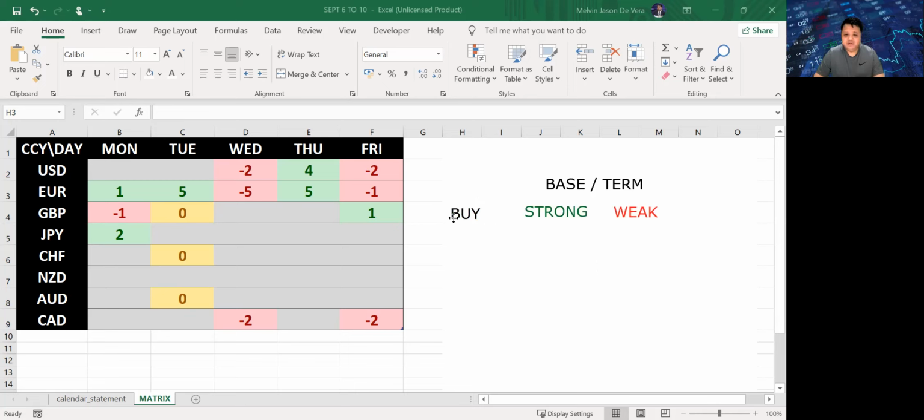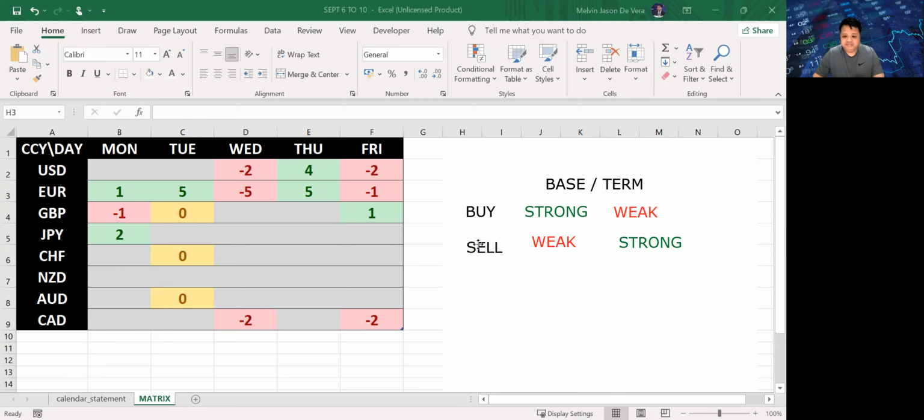Okay. Dapat naman yung term ang weak. Yung base, no? Yung base ay weak. And then yung term ang strong. At ang position mo dito ay sell sa pair na yan.